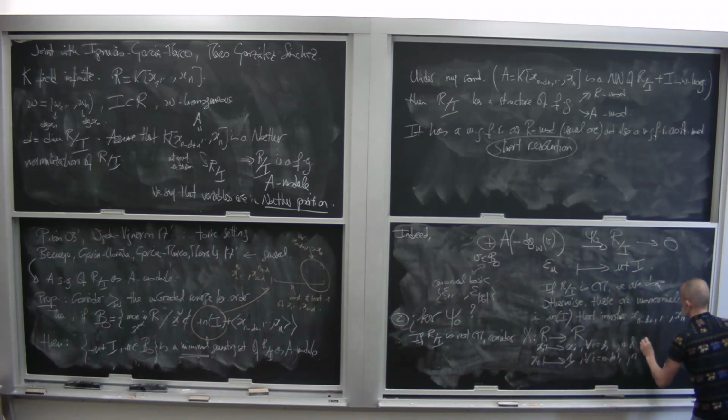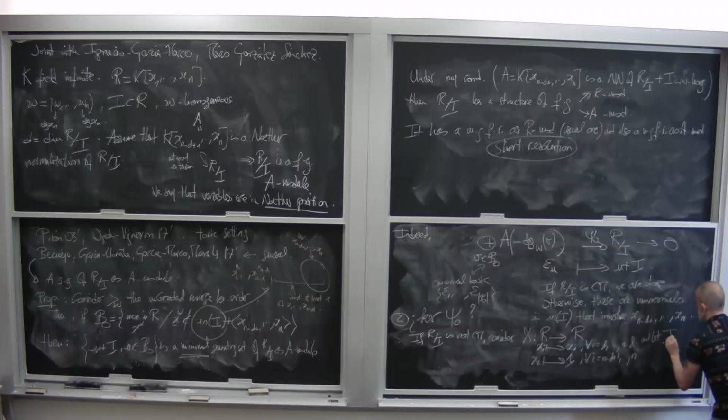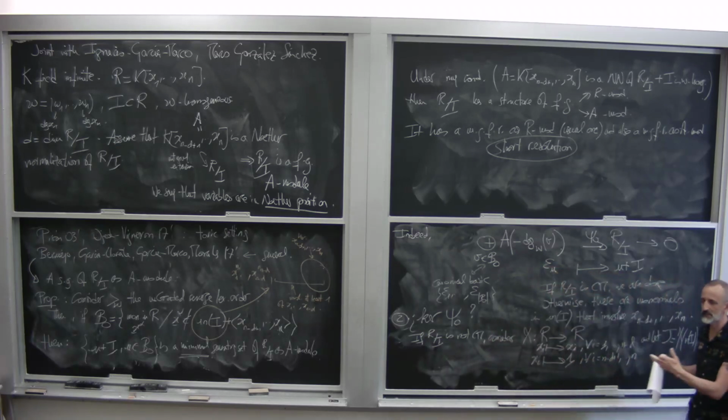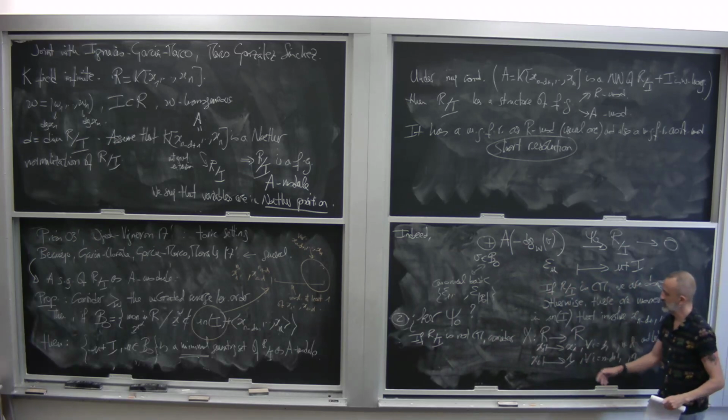And let J be the image of my initial ideal. I'm kind of dehomogenizing, making my variables equal to 1.